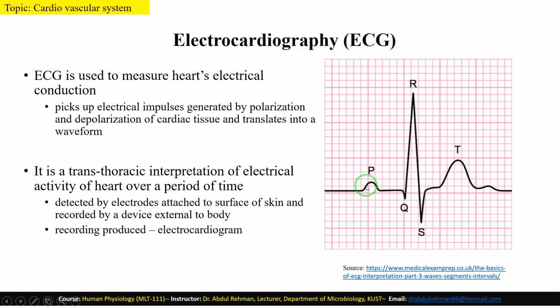The right and left atria, or the upper chambers of the heart, generate the first wave, called the P wave, and then there is a flattened line. After this, electrical signals travel down to the lower portion of the heart, that is the ventricles, where they generate another wave called the QRS wave. The final wave, or T wave, represents electrical recovery, or a return to a resting state, for the ventricles.